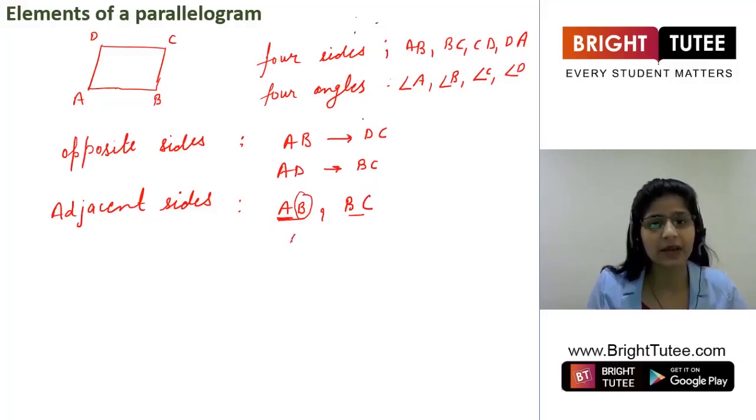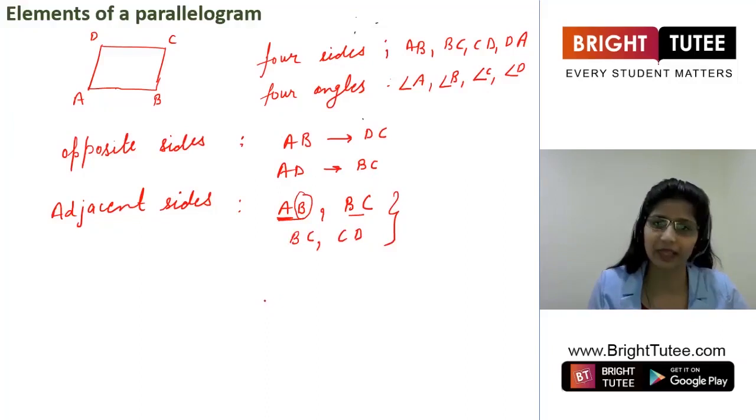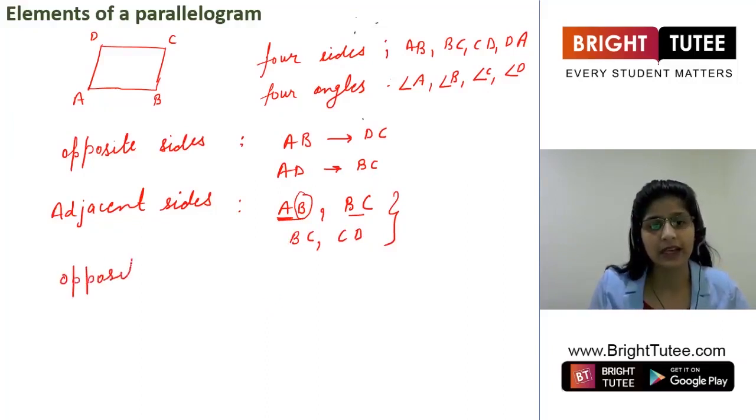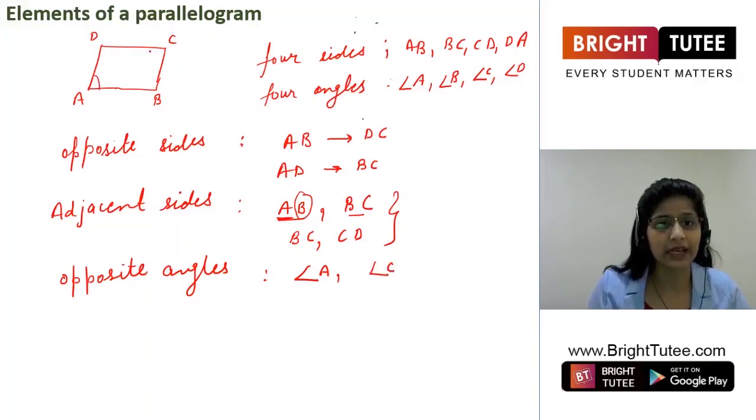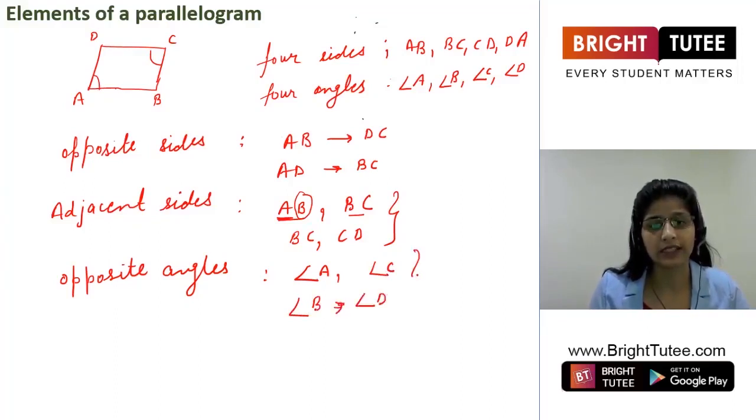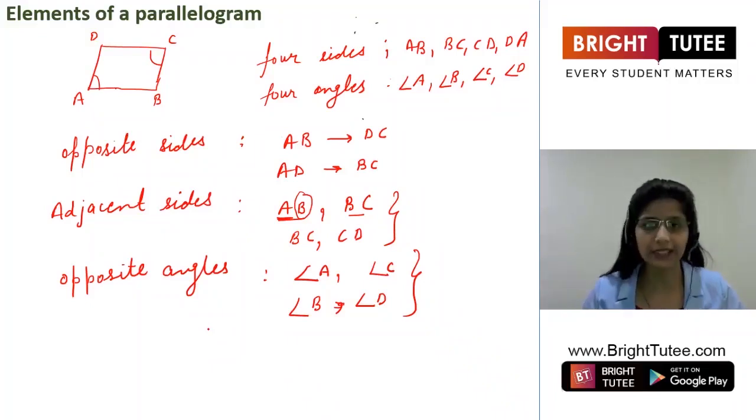Similarly, we say that BC is adjacent to CD and so on. Clear? Then comes opposite angles, angles opposite to each other. So we see that angle A and angle C are opposite to each other, and angle B is opposite to angle D, like this. Clear? So these are known as pairs of opposite angles.